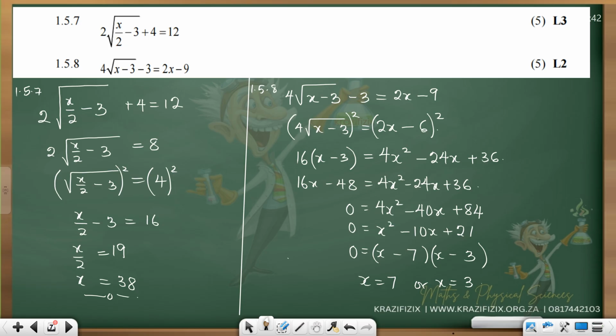Tando and Ken say 7 is also working. Let's check. 7 minus 3 would give us 4. Just do it in my head. Square root of 4 is 2. 2 times 4, 8 minus 3, 5. So 5 on the left hand side. 2 times 7, 14. 14 minus 9, 5.